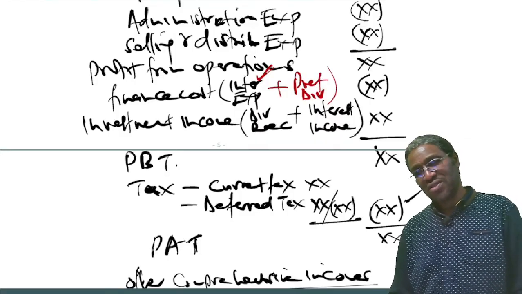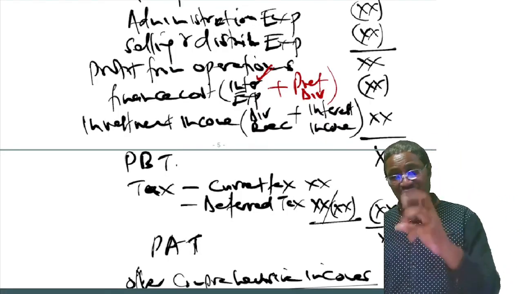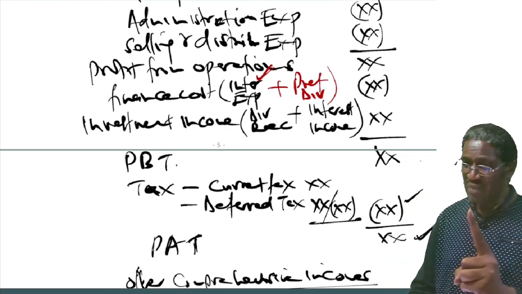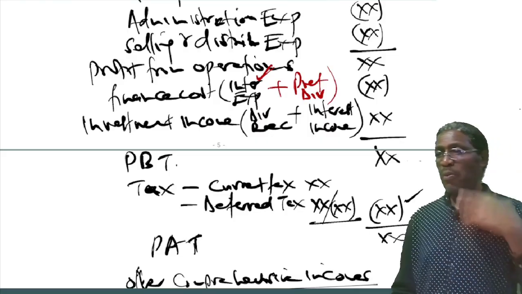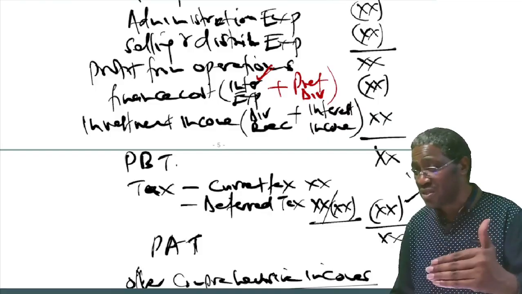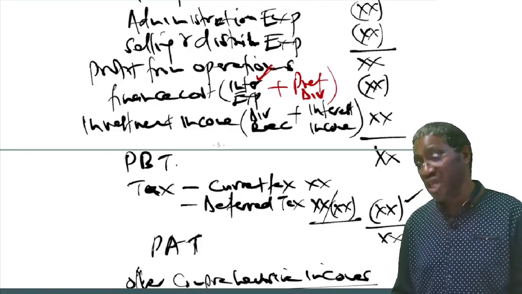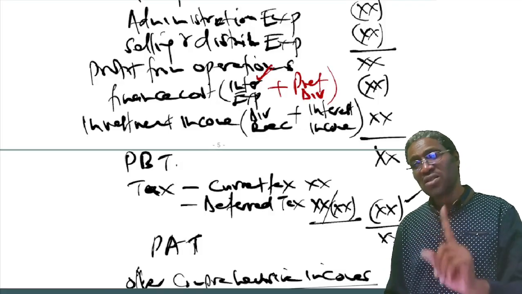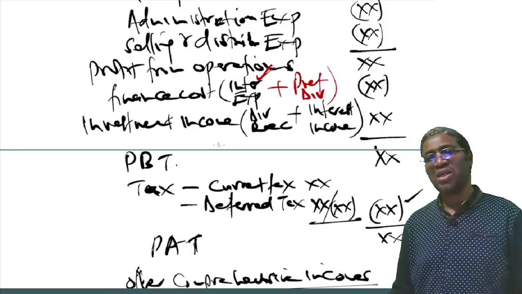Good. Otherwise, for Company B, where they issued non-redeemable shares, their dividend becomes an appropriation of profit. For publication companies, it becomes an appropriation of profit in the statement of changes in equity. Okay? Where we said all the appropriations will be done, now is in the statement of changes in equity.